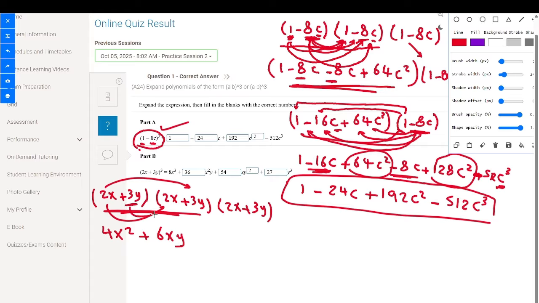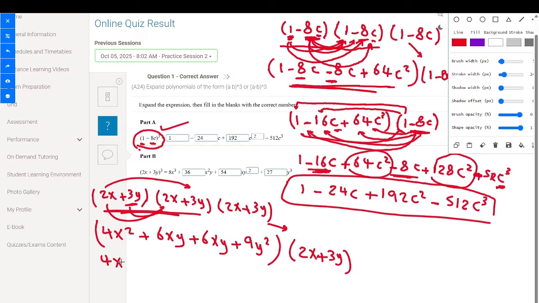Then we'll take now 3y, which will be plus 6xy. Then 3y multiply 3y is 9y squared. And also do not forget this 2x plus 3y.